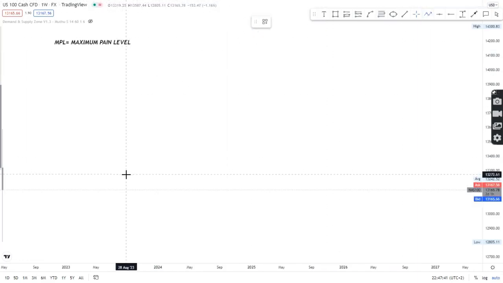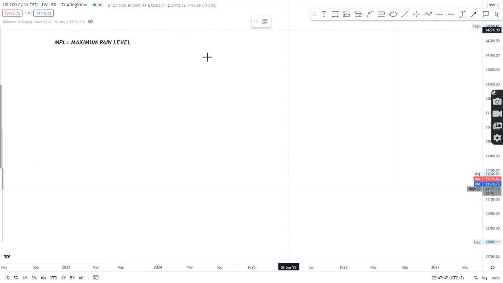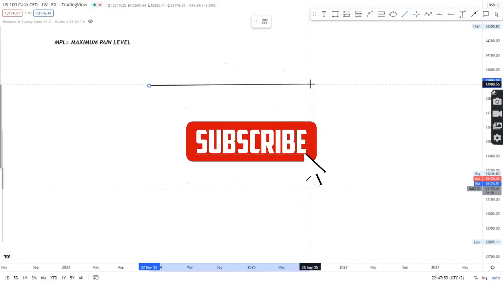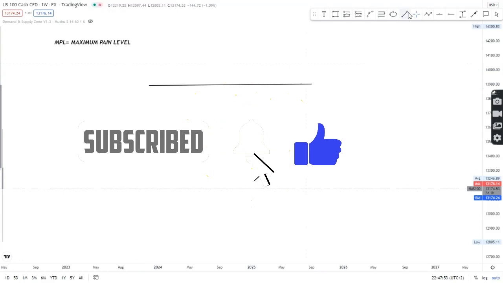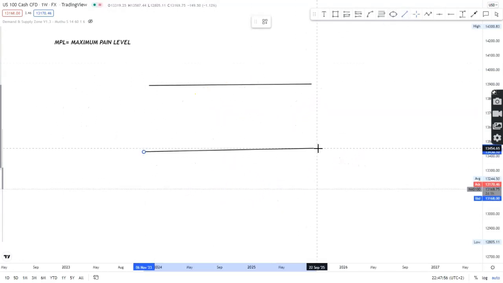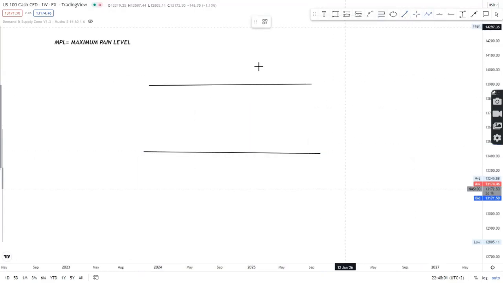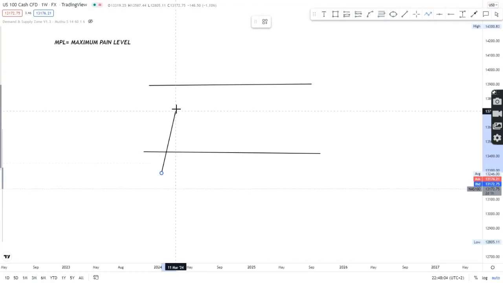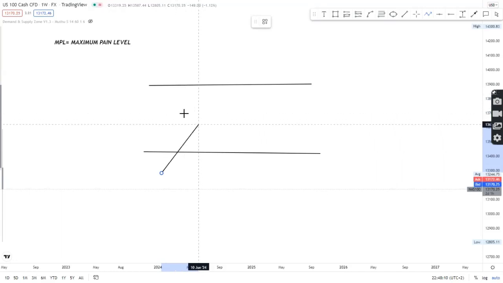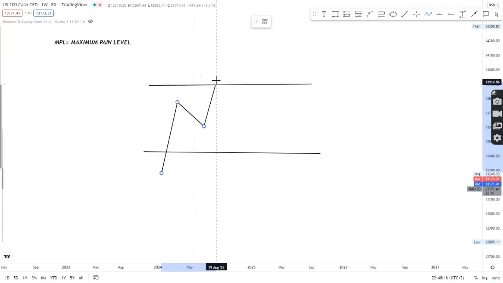You have, for example, this level right here. This is your resistance and this is your support. Here you have the market pushing to the upside, creates a high, and then it creates a low and then it creates a higher high.